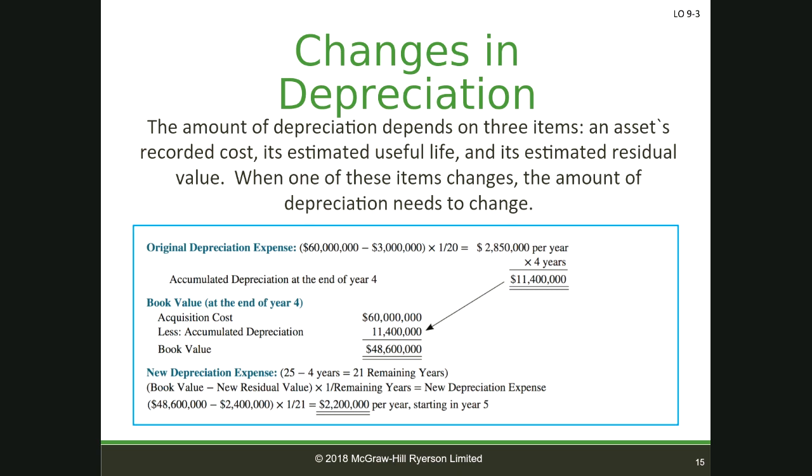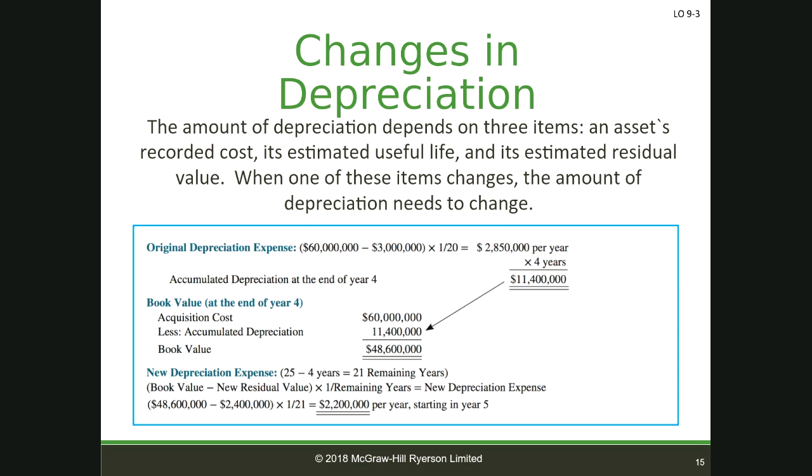So the journal entry in year 5 would be debit depreciation expense $2,200,000, credit accumulated depreciation building $2,200,000. The accumulated depreciation at the end of year 5 would be the total at the end of year 4, 11,400,000, plus 2.2 million for year 5.